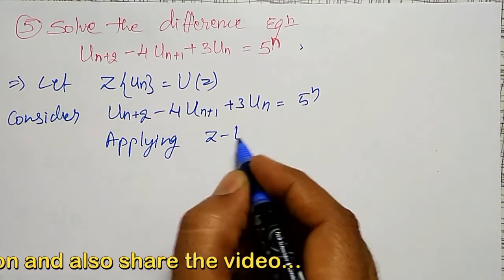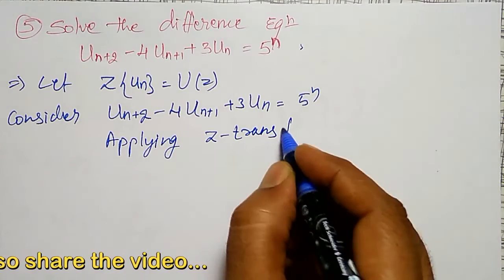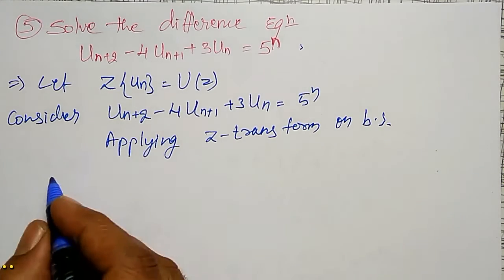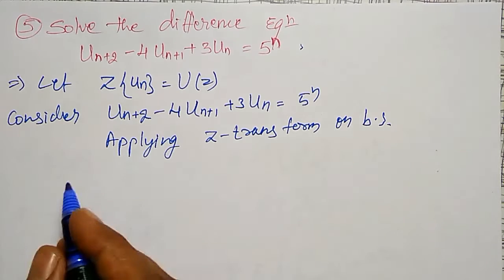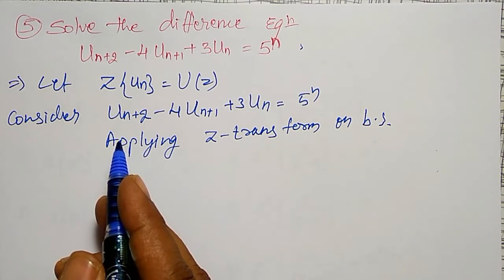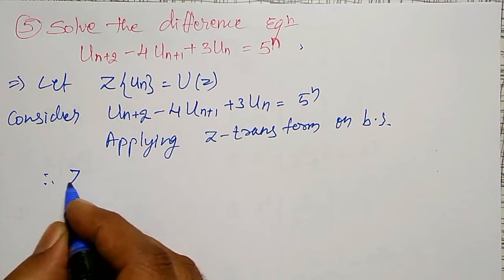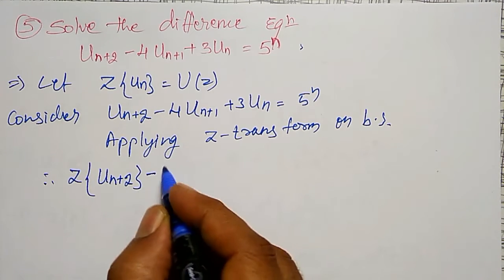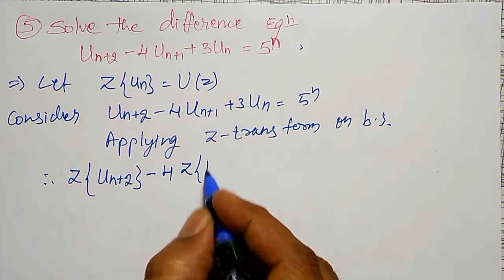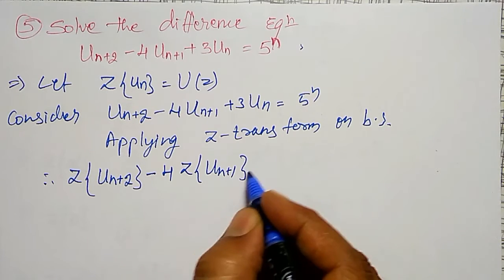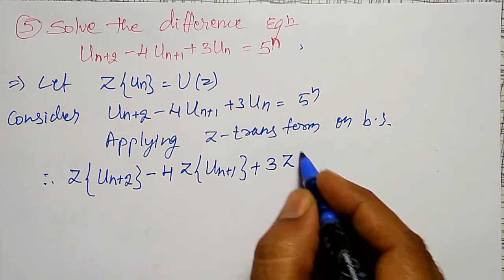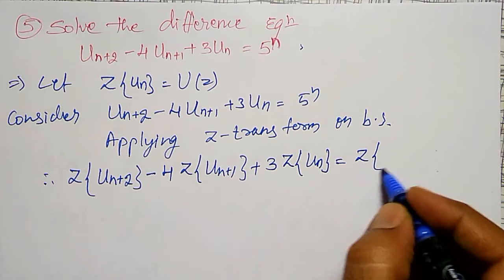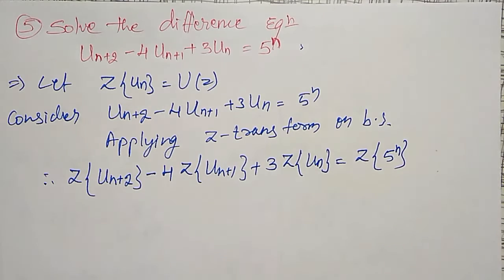Applying z transform on both sides, I can apply the z transform separately because it holds for the linear property here. Therefore, z transform of u(n+2) - 4 times z transform of u(n+1) + 3 times z transform of u(n) is equal to z transform of 5^n.